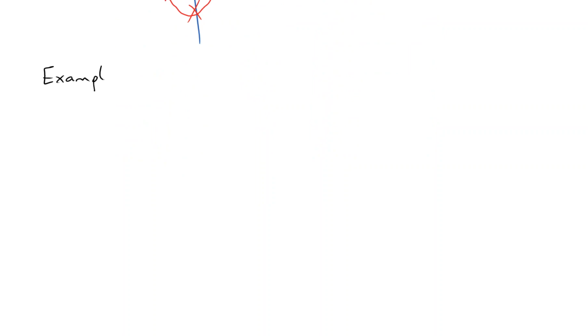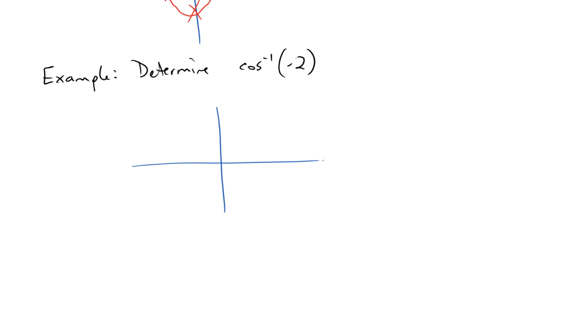Let's do one last example. Determine cosine inverse of -2. So now we have a horizontal side of -2. Okay, so I'm going to be going to the left, -2. And I've got these two reference triangles with a hypotenuse of 1.